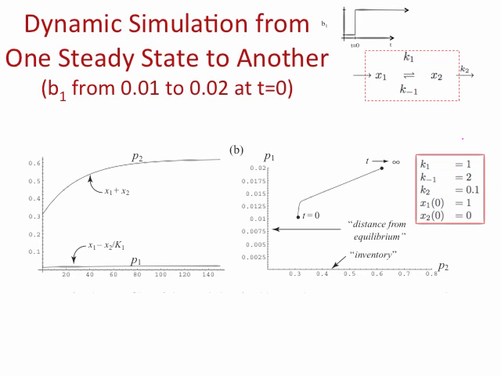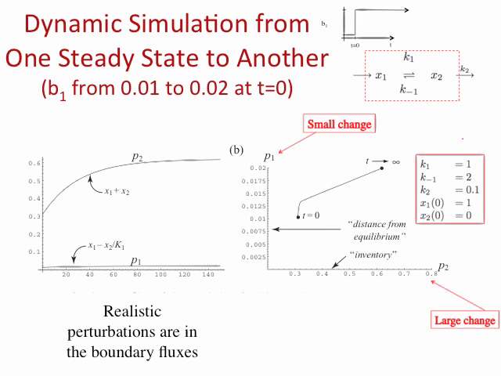You see that P1 is a small number as shown with the scale on the x-axis. We have a relatively small change in P1, and a larger change in the total inventory.